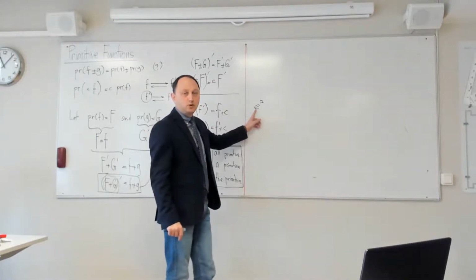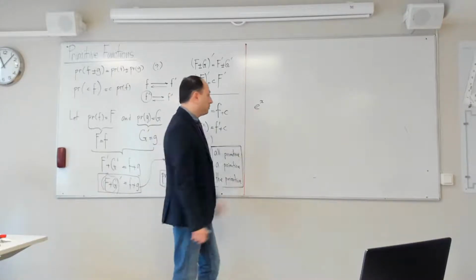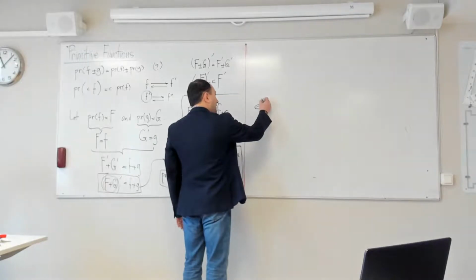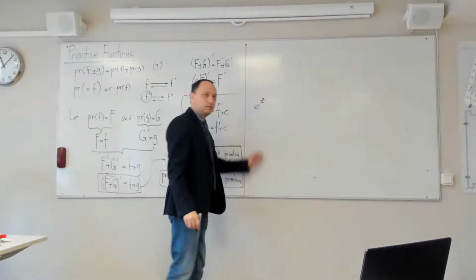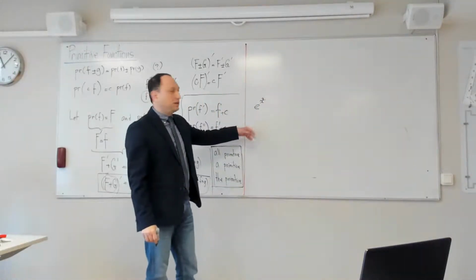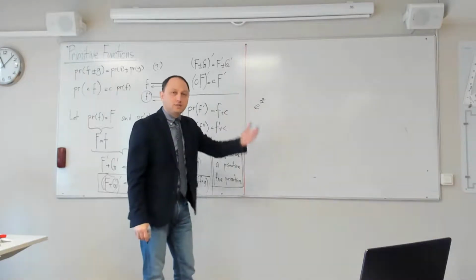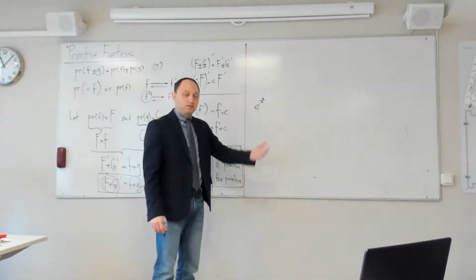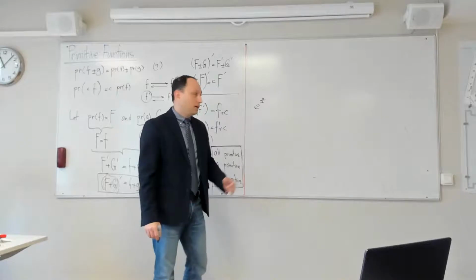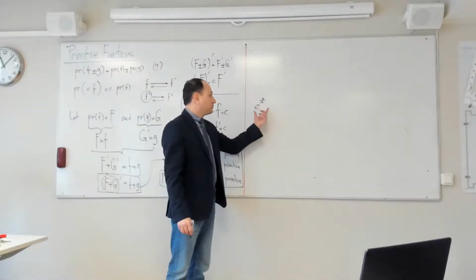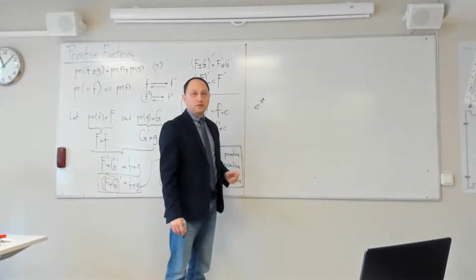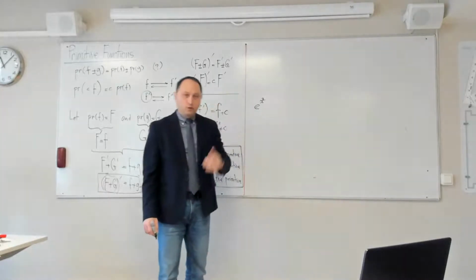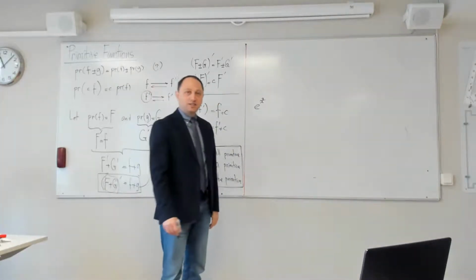Everyone knows about that, hopefully, and that is e to power x, as simple as that. But if I just write e to power x squared, and I ask you the same question, it turns out that none of these elementary functions that we know so far has this property, whose derivative is this. First of all, I want you to understand that this is not easy.